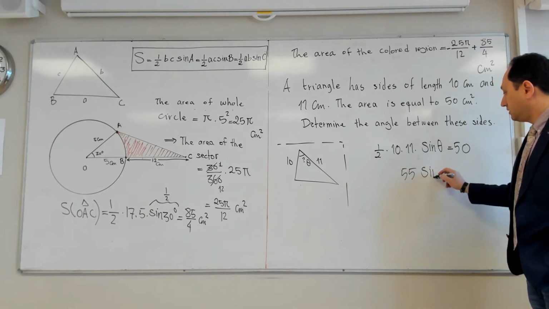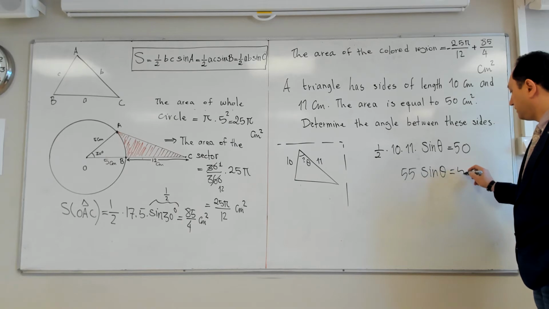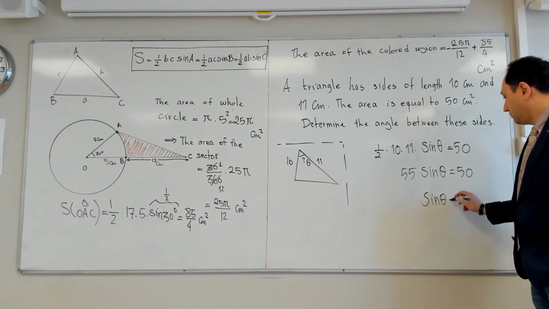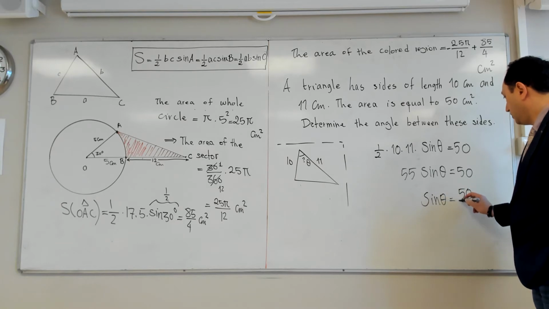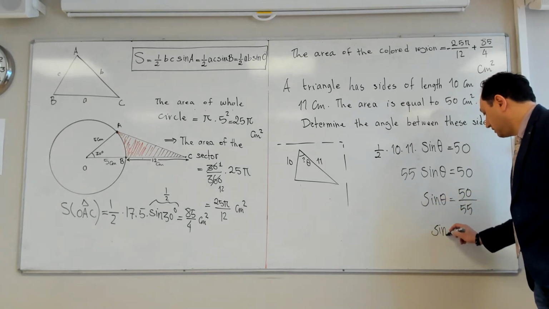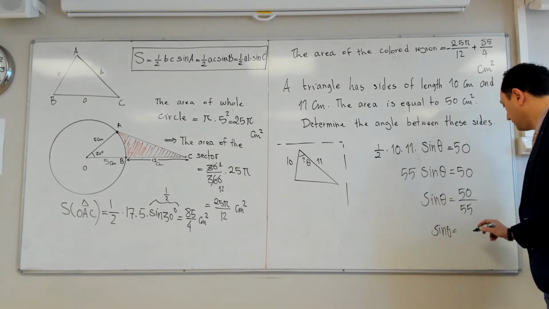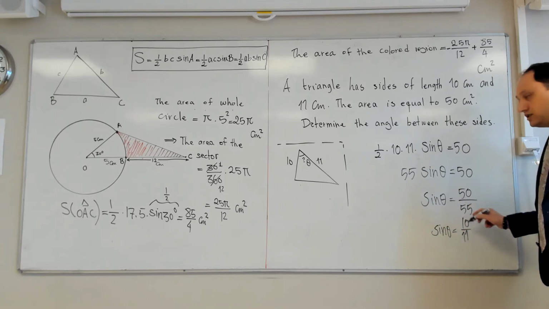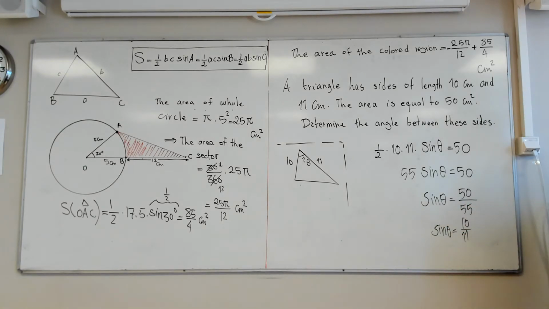Sine theta is equal to 50, and then sine theta becomes 50 over 55. I simplify it by 5, and it becomes 10 over 11. Do you agree? This is the sine of theta, the unknown theta.